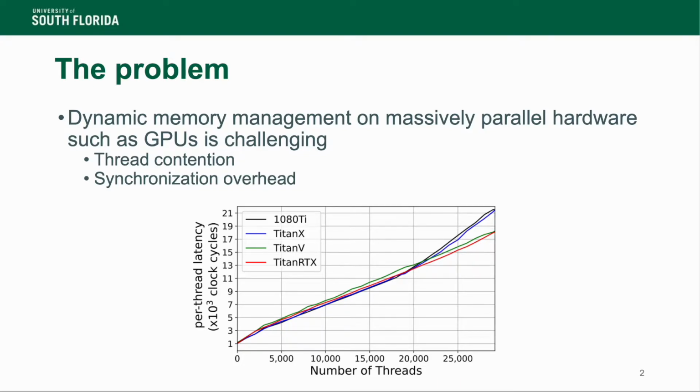This figure reports our collected data for the average latency of performing an atomic operation against one global integer under a varying number of concurrent threads. Clearly, the average latency per thread grows linearly with the number of concurrent threads.